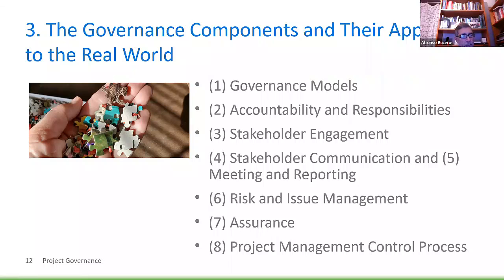Number 7 is assurance. Project assurance ensures that risks and issues are managed effectively and defines the metrics, how to measure them, that foster the delivery confidence of the project. Assurance is a vital component and is devising the metrics that will give visibility into the project performance.